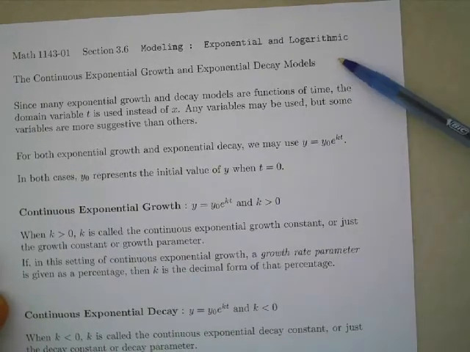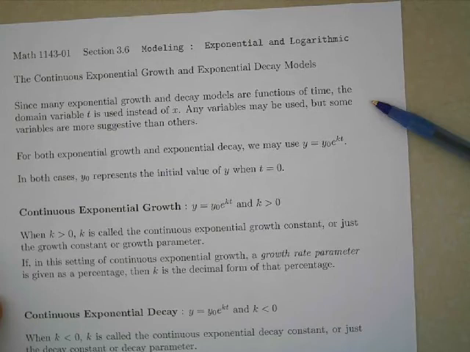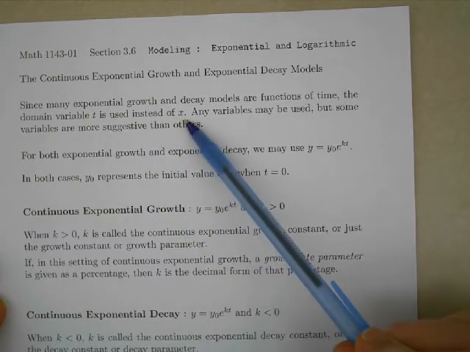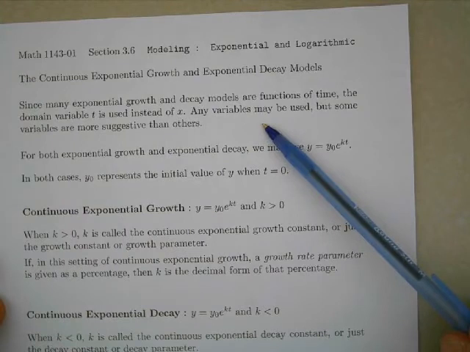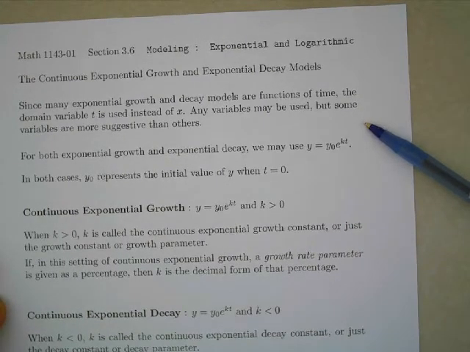The continuous exponential growth and exponential decay models. Since many exponential growth and decay models are functions of time, the domain variable t is used instead of x. Any variables may be used, but some variables are more suggestive than others.